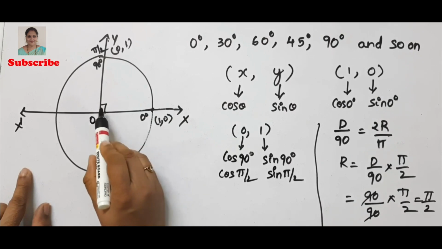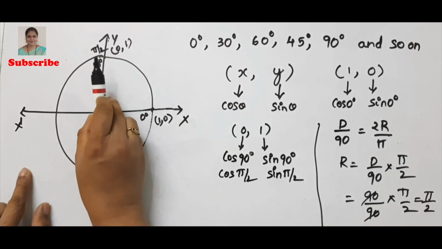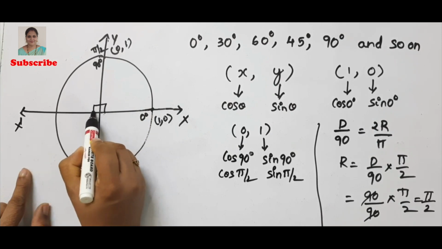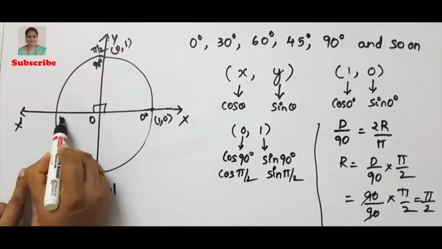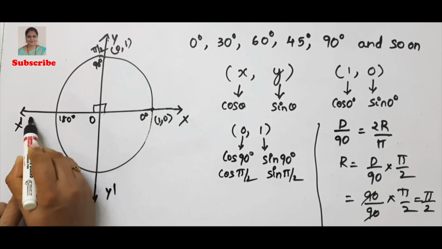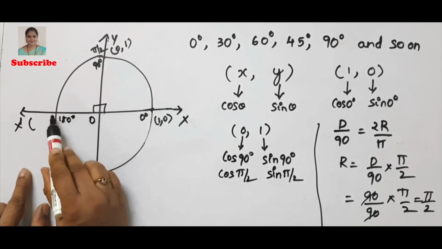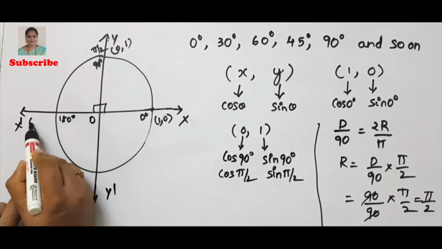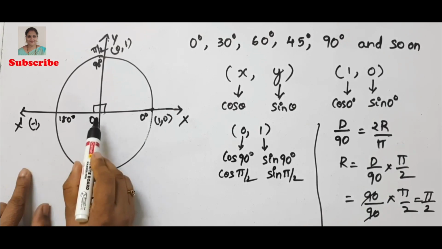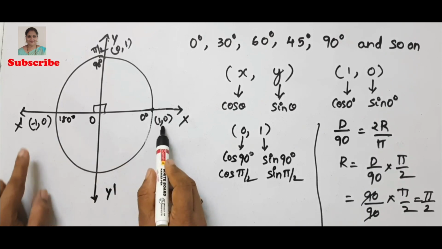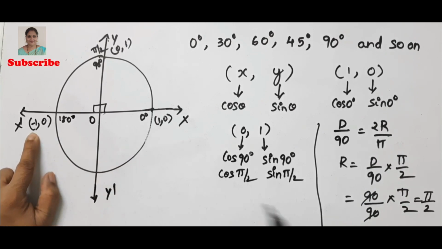Now, if you rotate this terminal ray to 180 degrees, so this will be 180, is it not? So when it is 180 degrees, the x-intercept will be from here to here. That is -1 and y will be 0. So x is negative. The value is the same, only thing is x is negative.